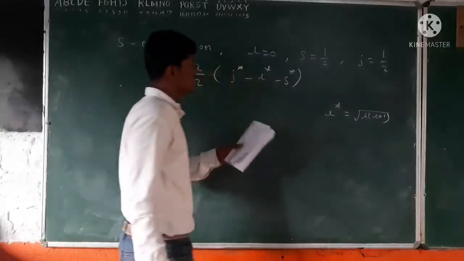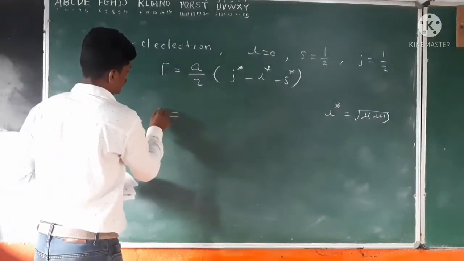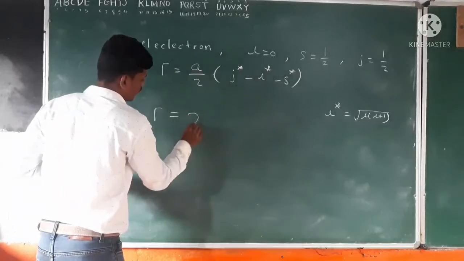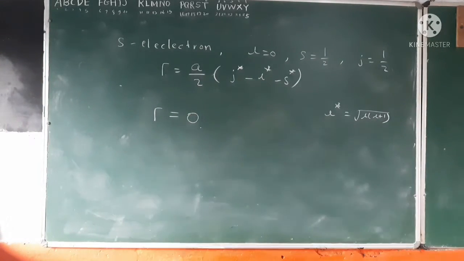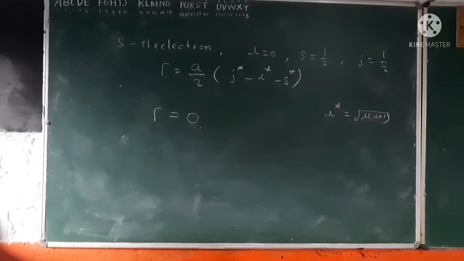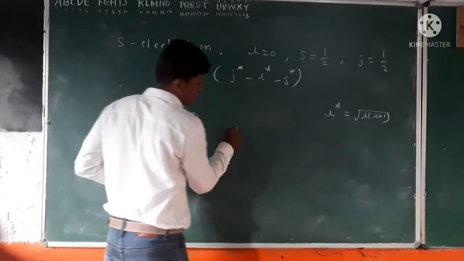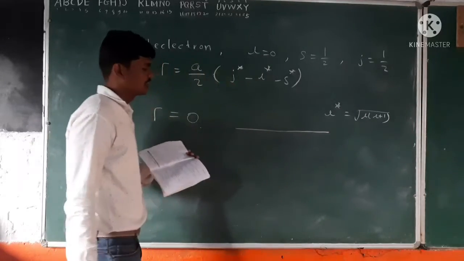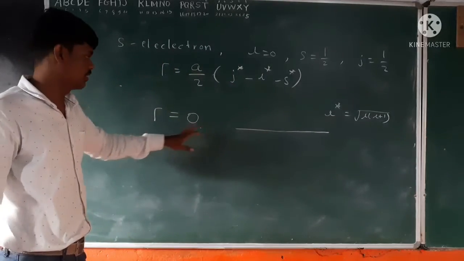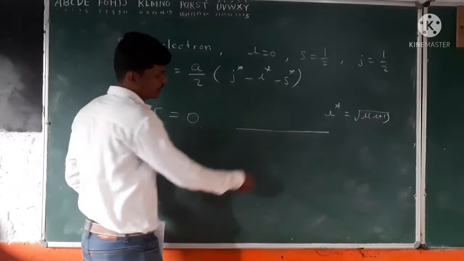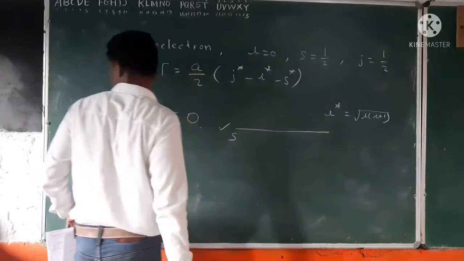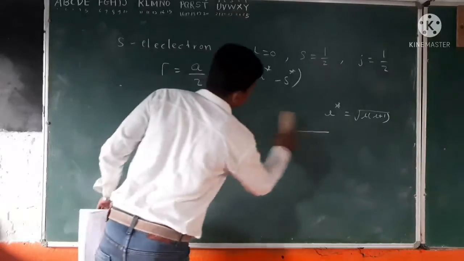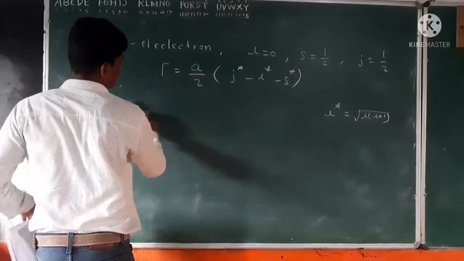Calculating using this, the value of tau for an S electron is 0. So tau is equal to 0, which means no splitting of the S state. We know this: S states are singlets. So tau is equal to 0 means no separation, and that is correct. That was for an S electron in an S state.